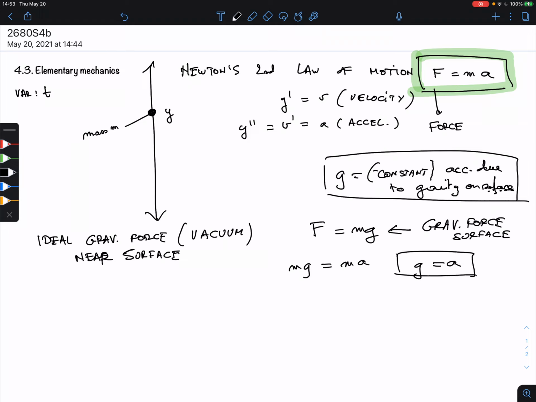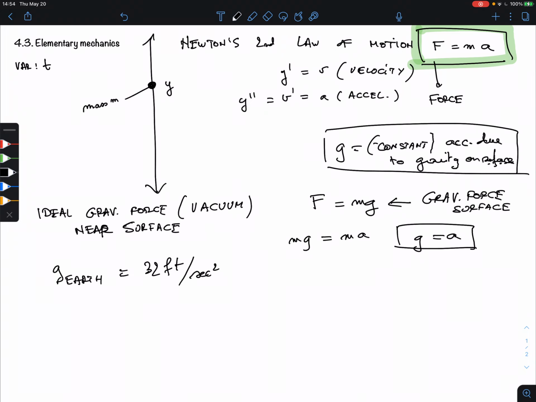The acceleration is a constant. For instance, g of Earth, depending on which measurements you use, let's use a simple one, a nice number, 32 feet per second squared. You can think about why it is the second squared here, but we'll not go into that. Or in meters per second, it is 9.8 meters per second squared.